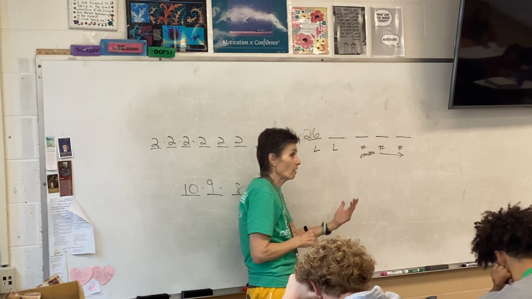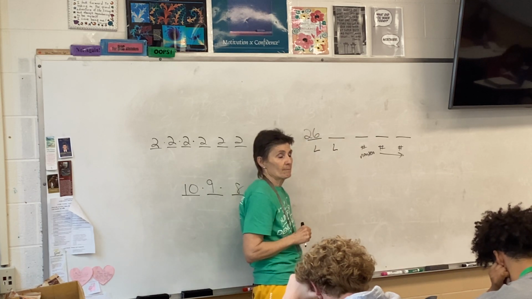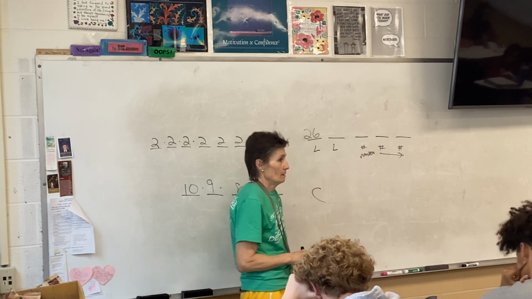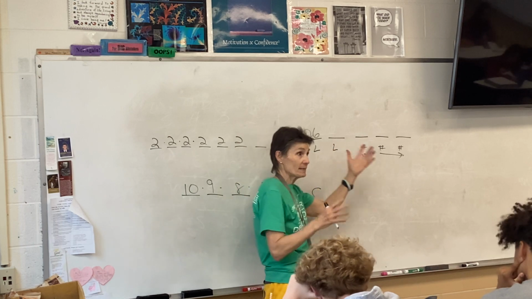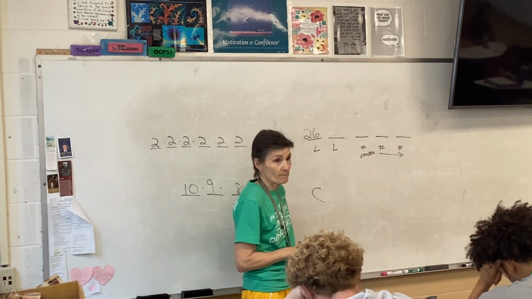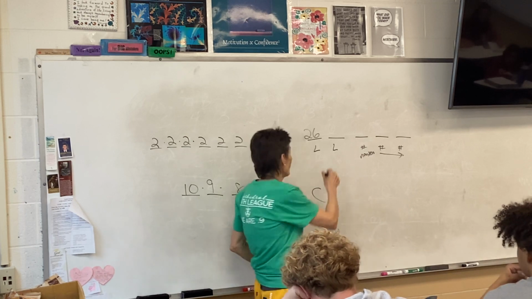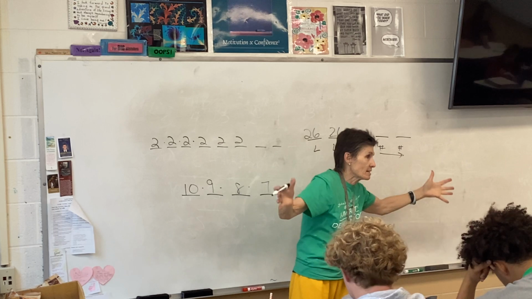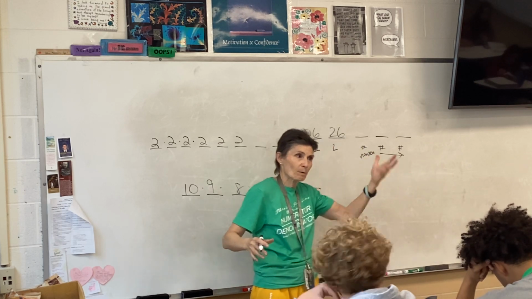All right, so now I've put a letter down. Okay, so C. All right, now I gotta pick another letter. How many letters do I have to pick from now? 26, guys. Look at some license plates. Do license plates have repeated letters?